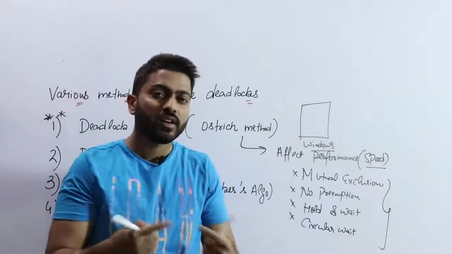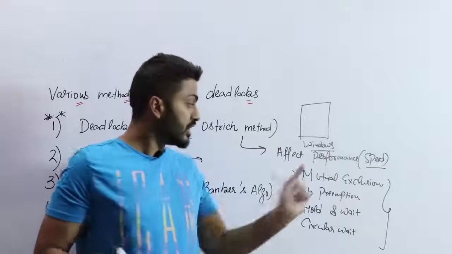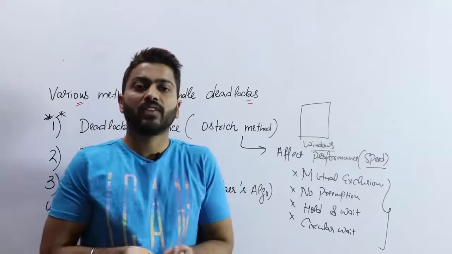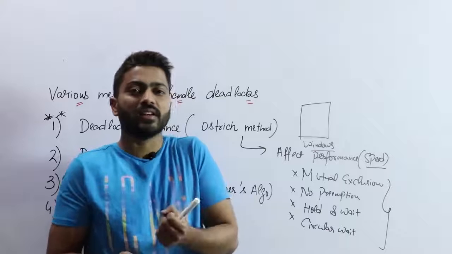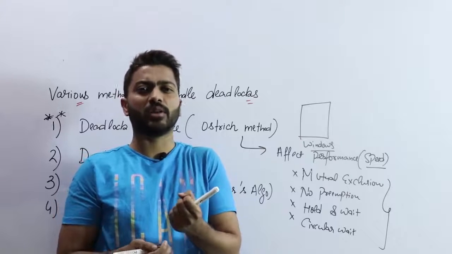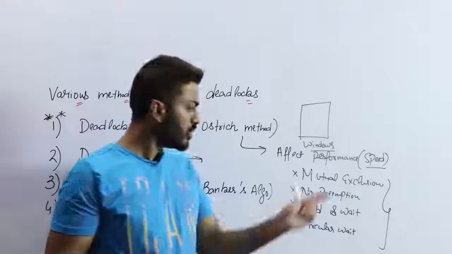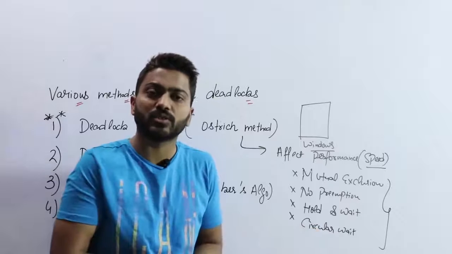So if we make this condition false, the deadlock will be removed. Let's say the CPU: if I make my system so that the CPU can be shared by 2 to 3 processes, then what is the need of the deadlock? Obviously the deadlock will be removed in this situation.